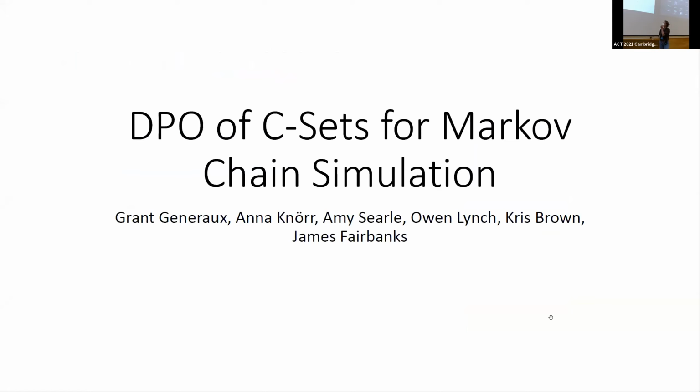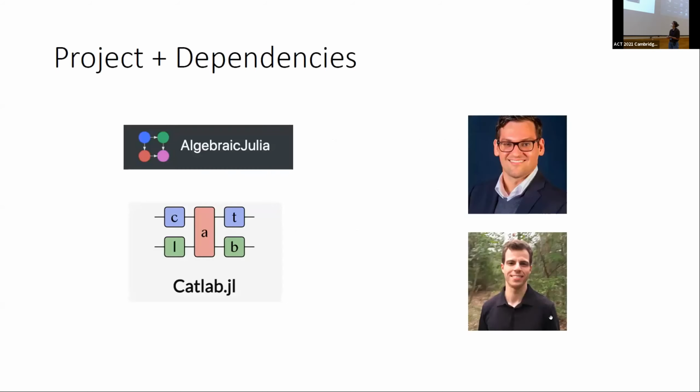So my group is looking at C-sets as well, but we're specifically looking at how double push-outs can be used for Markov chain simulation. This was my group, as well as Owen and Kris, who helped write some of the code for us.